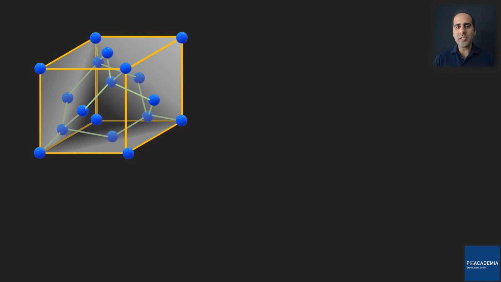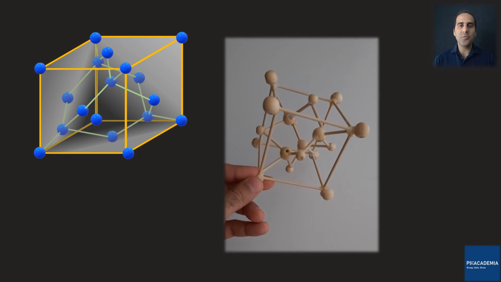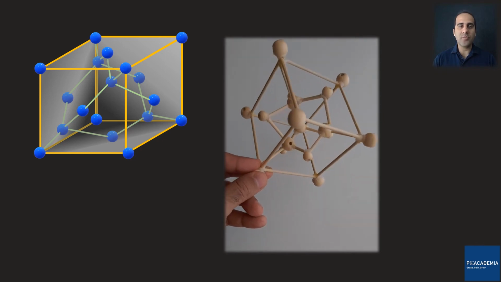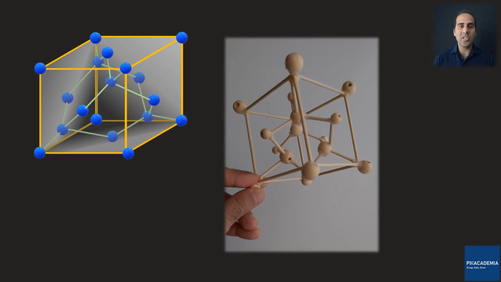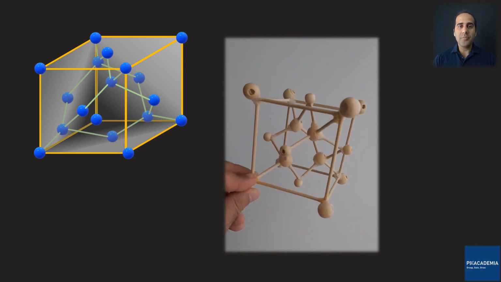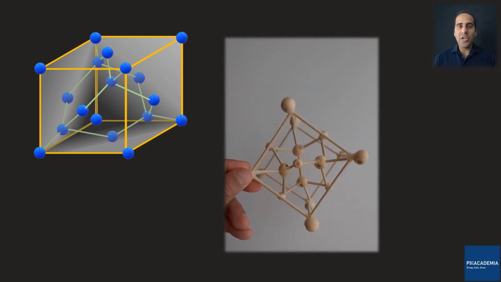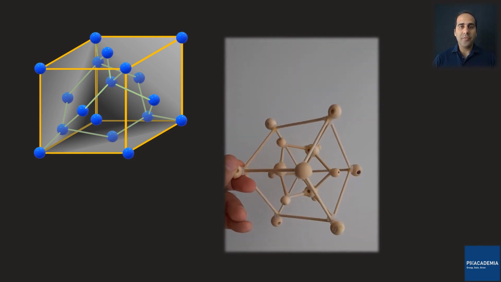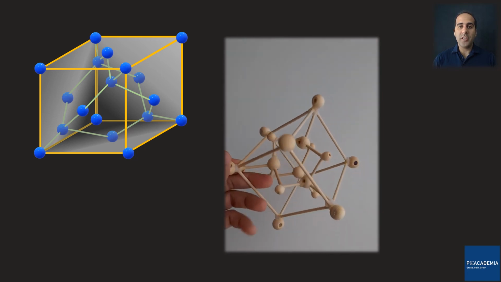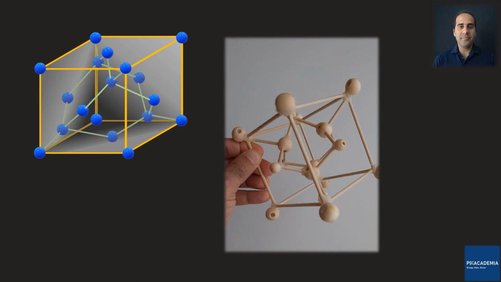So to fully understand how a silicon diamond looks like, I made a wooden model for myself, just to better understand where atoms are placed in the silicon diamond. Creating this model took me a couple of days, but it was worth it. I just turned it around a couple of times so you can take a better look at the structure from different angles.